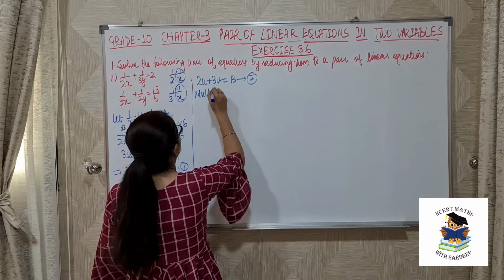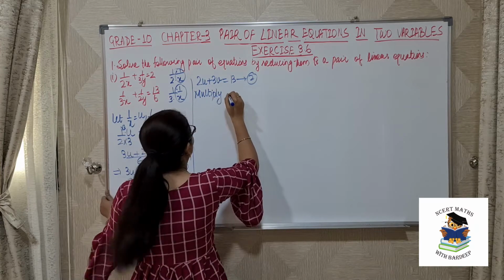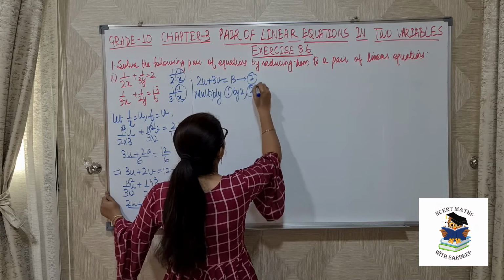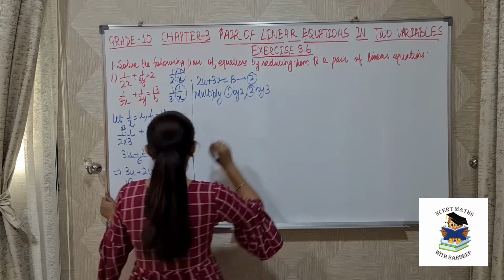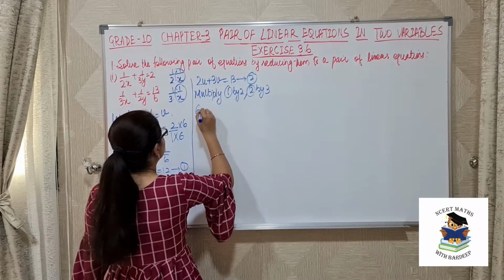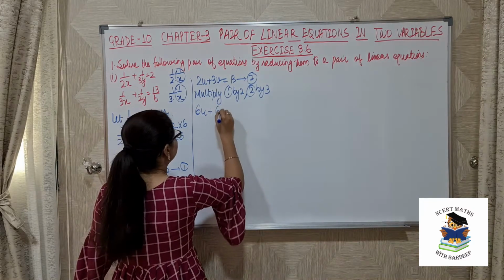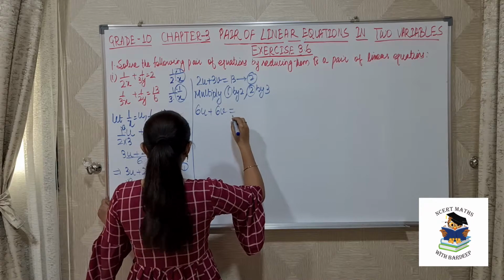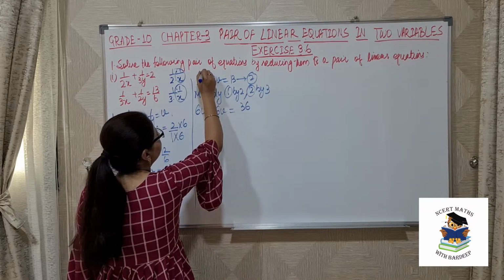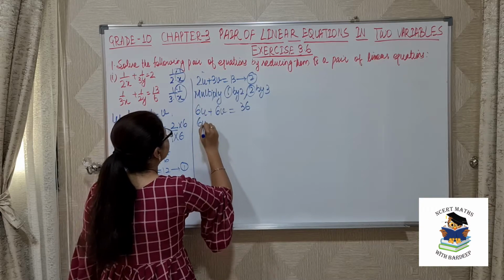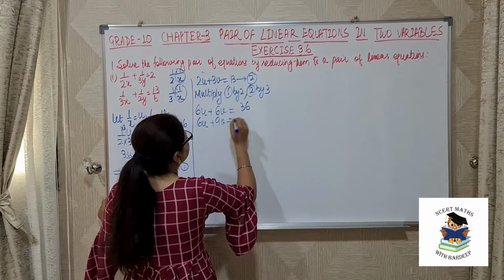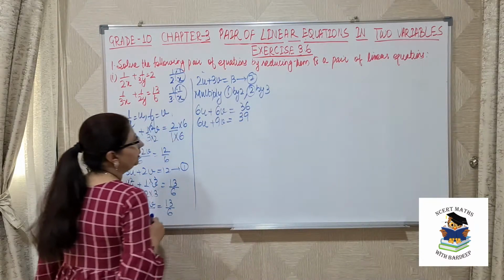Multiply 1 by 2 and 2 by 3. So we will be having 3 into 2 as 6u, 2 into 3 as 6v, 12 into 3 as 36. This is to be multiplied with 3. So 3 into 2 as 6u, 3 into 3 9v, and 13 into 3 is 39.